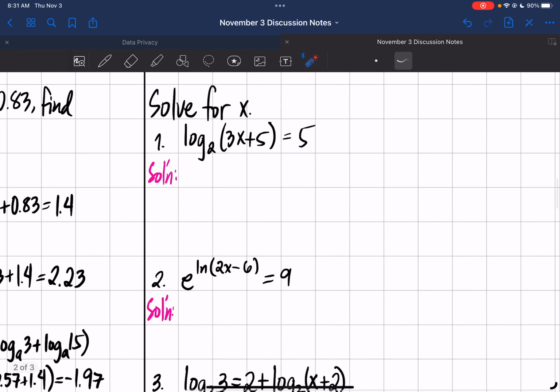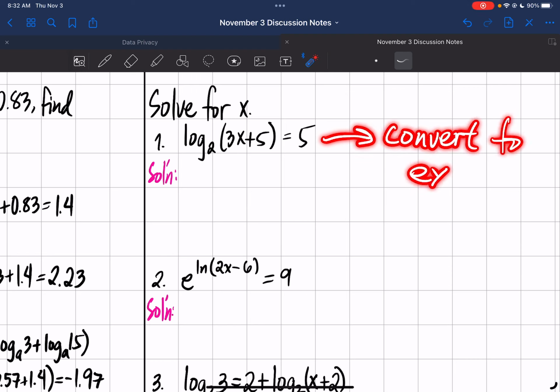So now, what we'll do is we'll solve logarithmic equations. For number 1, we have log of 3x plus 5 base 2 equals 5. What we can do for this problem is convert this equation to exponential form.